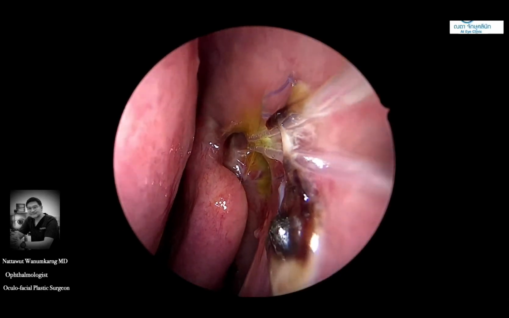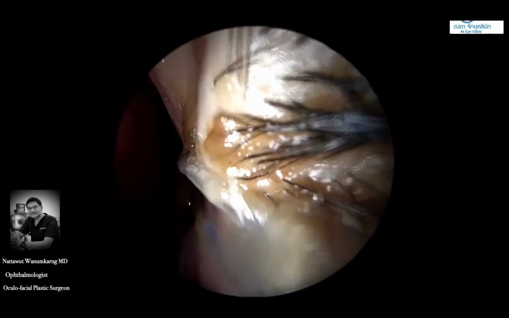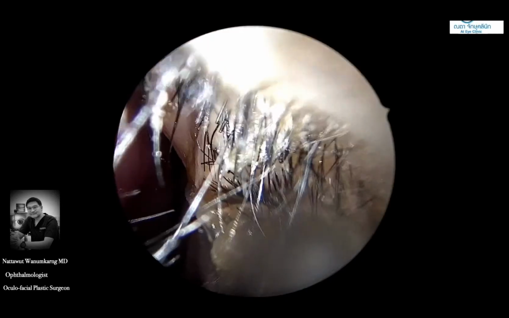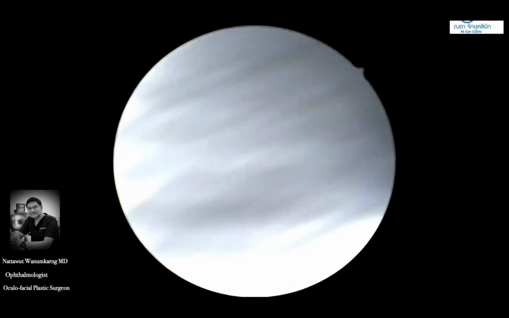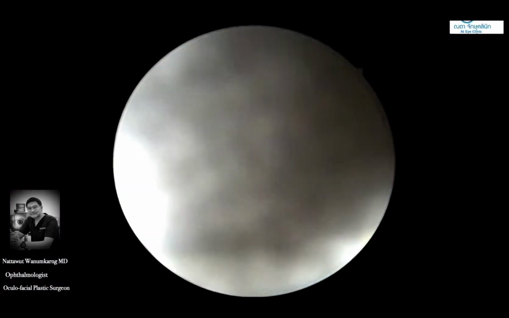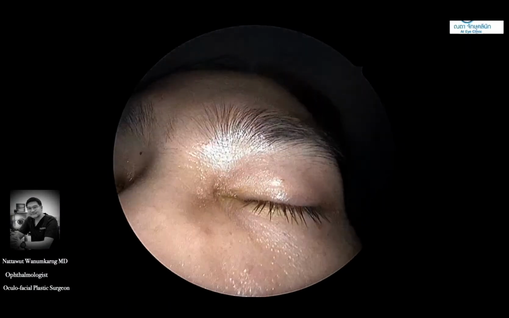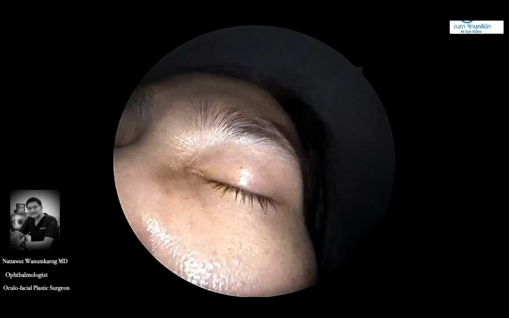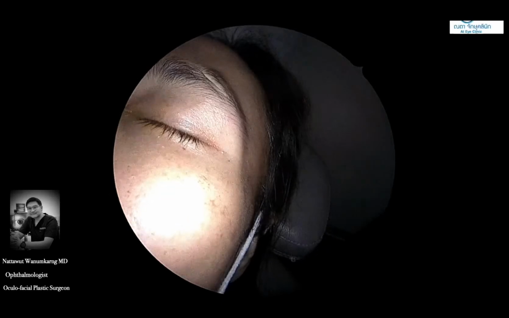This video shows the stitches of the stent that we fixed to the lateral nasal cavity. And after that, you see the tube in a good position and the nasal ostium in a beautiful contour and shape.